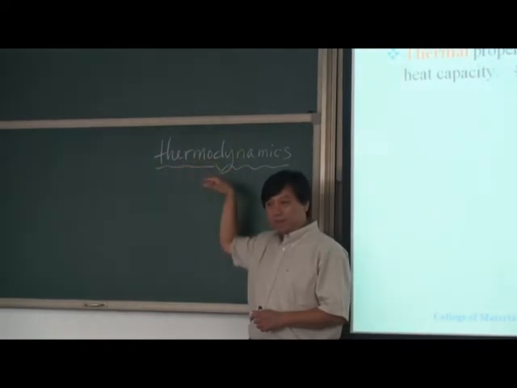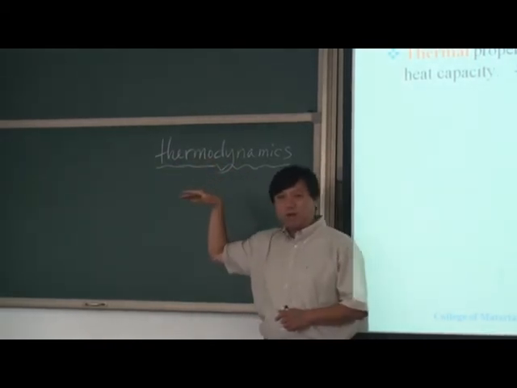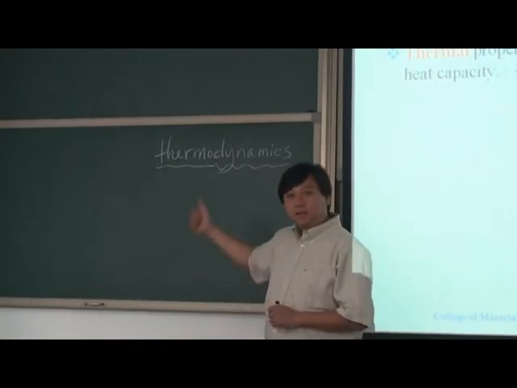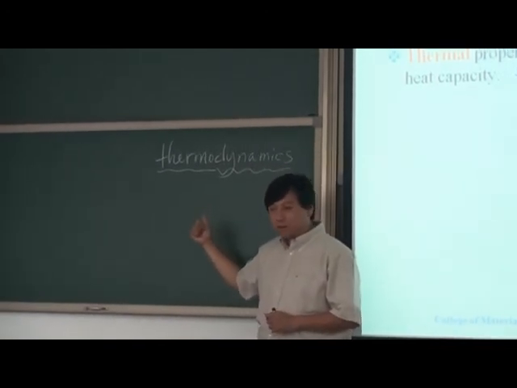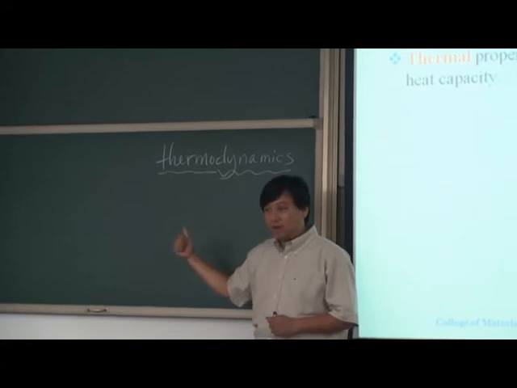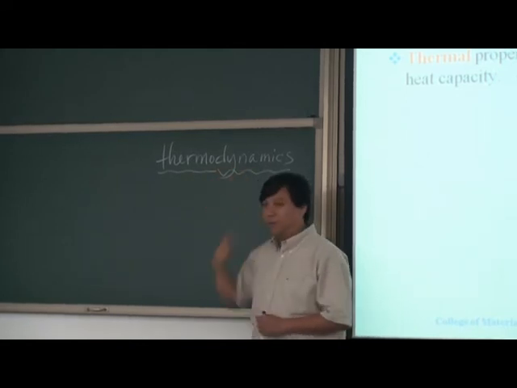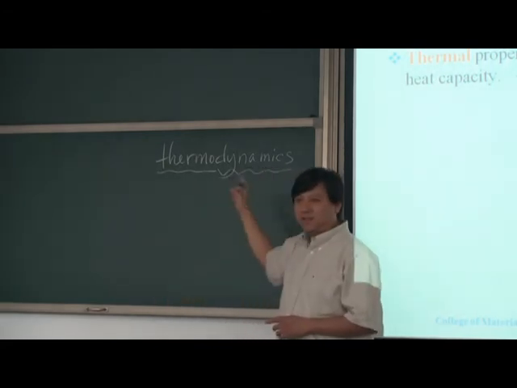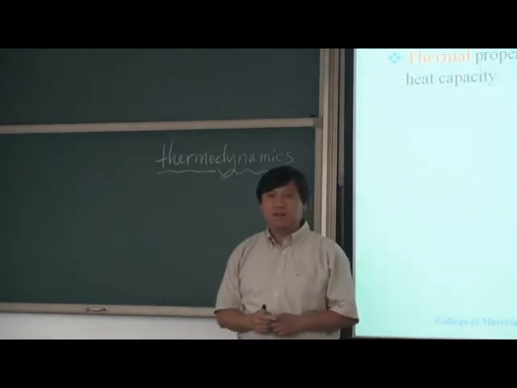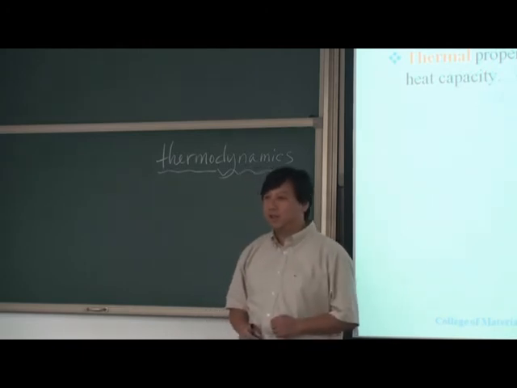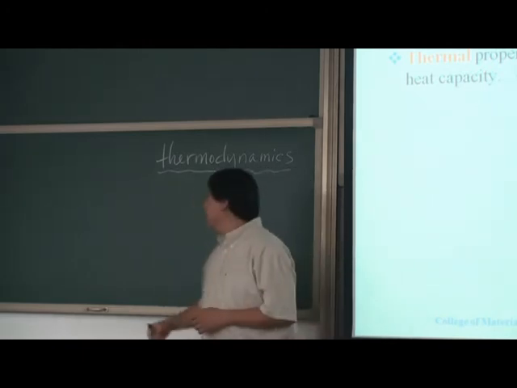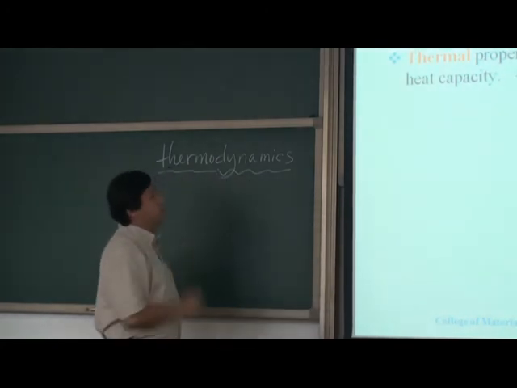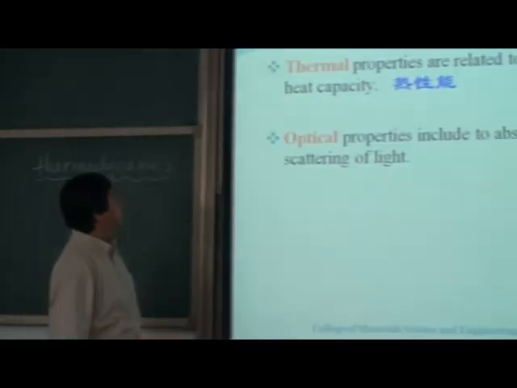So, thermodynamic studies how heat is flowing in a system. Okay? 什么叫 thermodynamic？这叫做热力学。什么热力学？你们都学过。The first law of thermodynamics, the second law of thermodynamics，对不对？我们学过 internal energy，对不对？我们学过 force，是吧？好，这些东西 thermodynamics。Okay, now thermal properties are related to the transmission of heat and heat capacity.